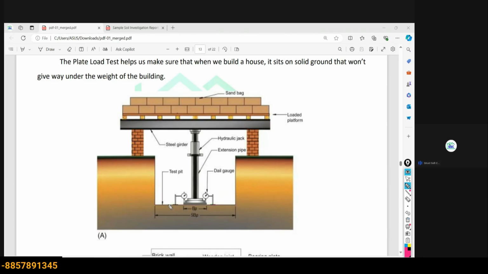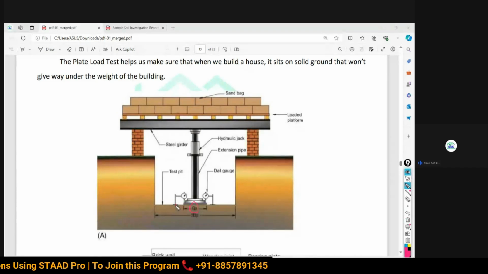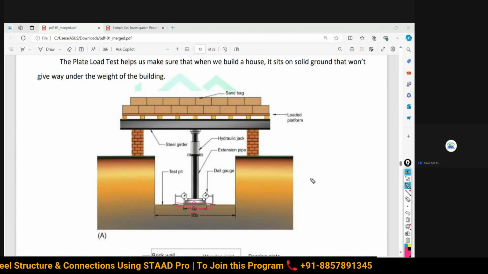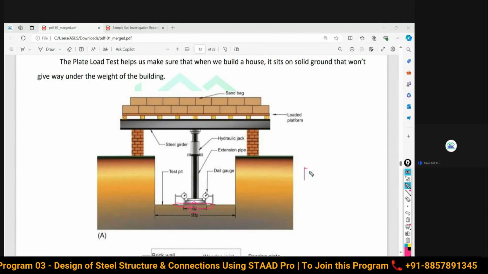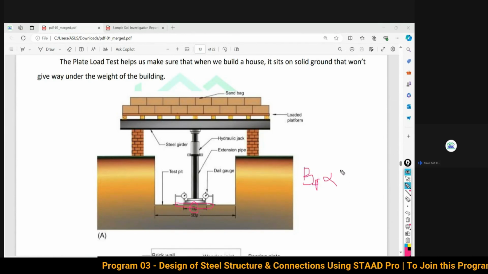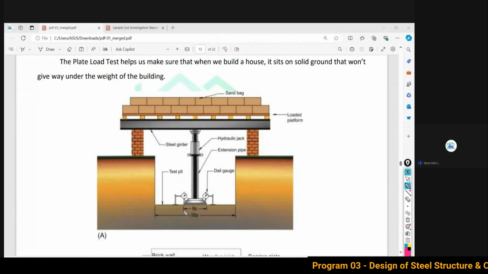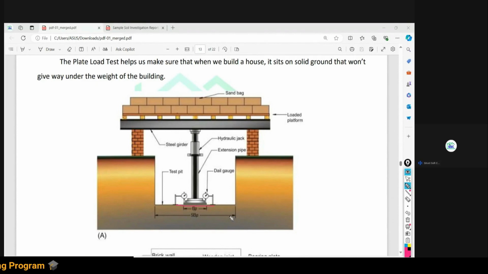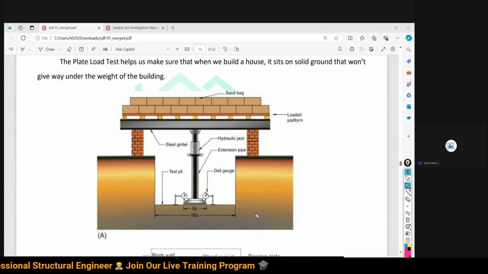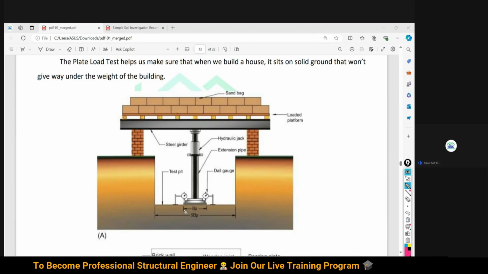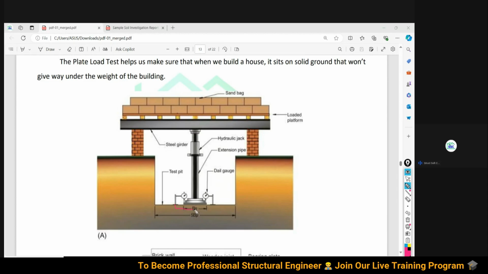We are going to take a plate of width Bp. By similarity, the width of the plate is related to your footing width, so we can relate the result from this steel plate to your actual foundation width. That is another point of discussion. But as of now, we have to understand what we are going to do in this method. Simply, we are going to put a steel plate.